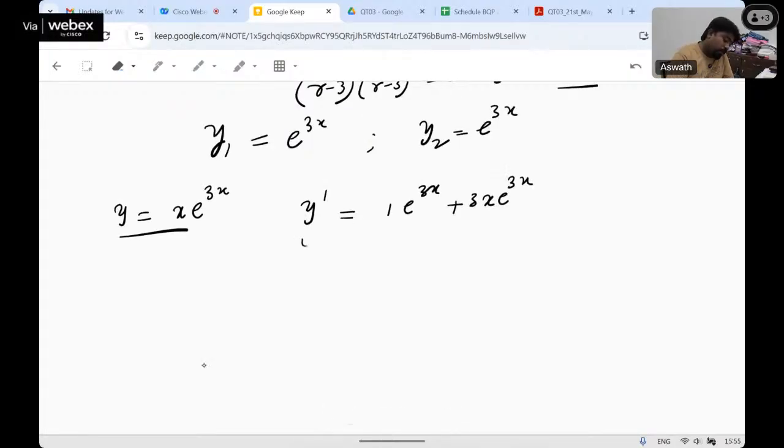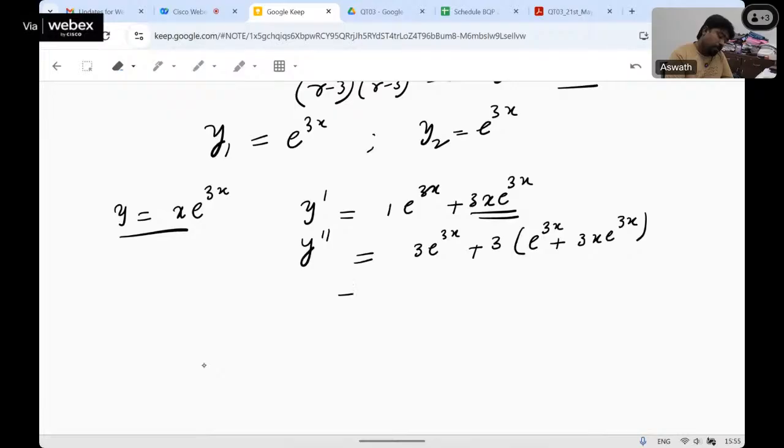What about y double prime? Y double prime is 3 into exponential 3x plus 3 into exponential 3x. I'm differentiating this now: 3 exponential 3x plus 3 exponential 3x plus 9x exponential 3x.